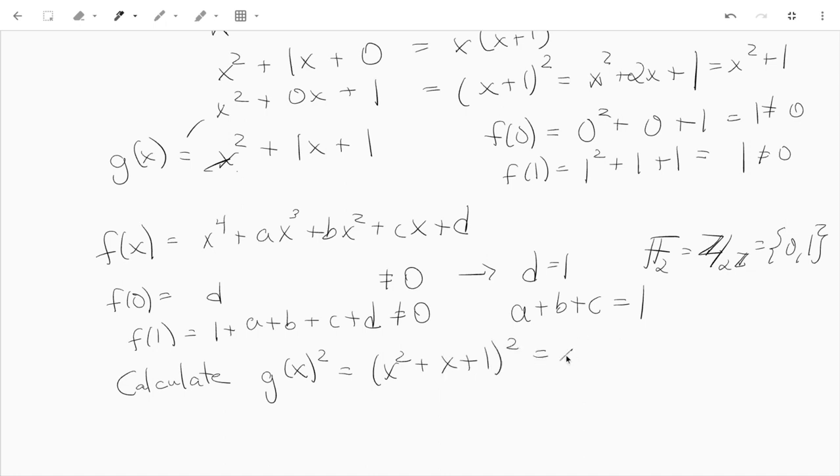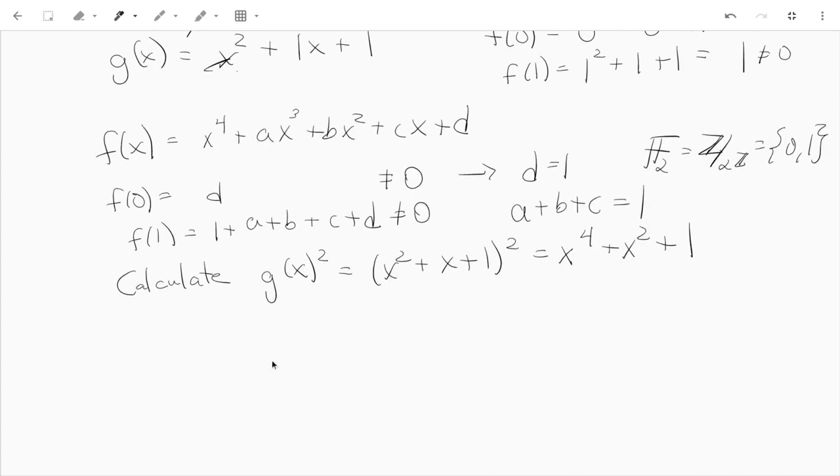You can work it out, but it turns out to be this. So an additional constraint is that you can't have a, b, c being 0, 1, 0, but anything else will work.